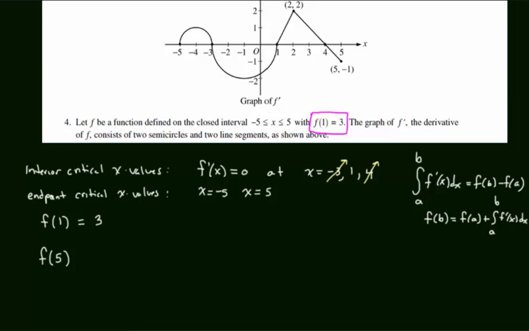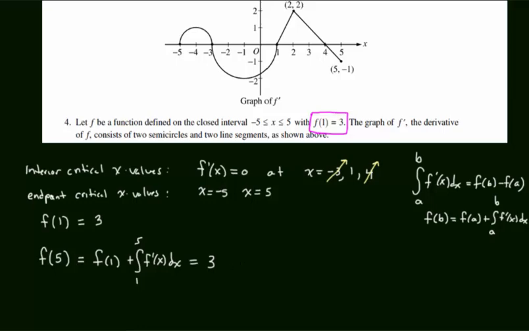That's the fundamental theorem of calculus part 2. So I'm going to say f of 5 is going to equal f of 1 plus the integral from 1 to 5 of f prime of x dx. f of 1 is equal to 3.